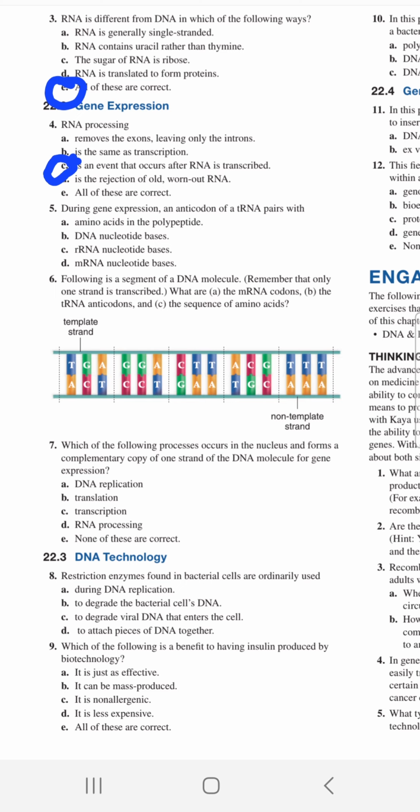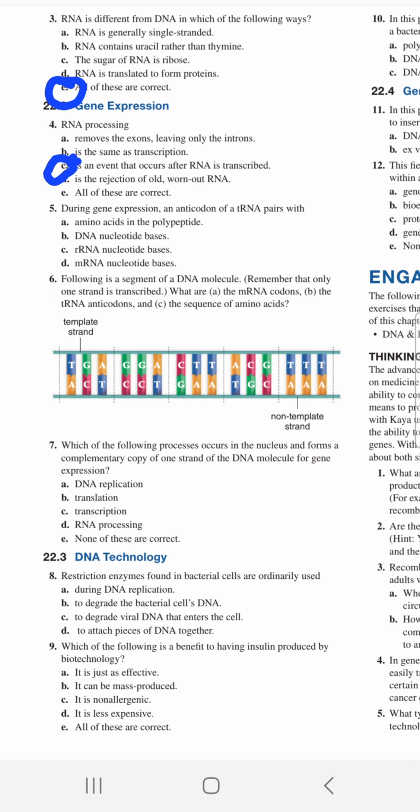During gene expression, an anticodon of a tRNA pairs with what? We have three types of RNA, including mRNA and tRNA. The tRNA is the one that will bring the correct amino acid according to your mRNA.